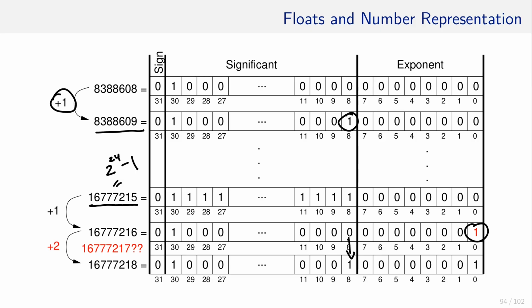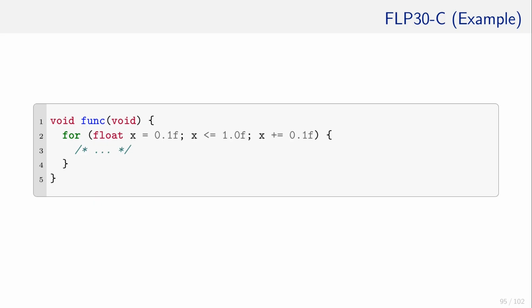Let's have a look where those missing numbers can cause a problem. Here is a simple loop that uses a float as an iterator. What could be the problem here?